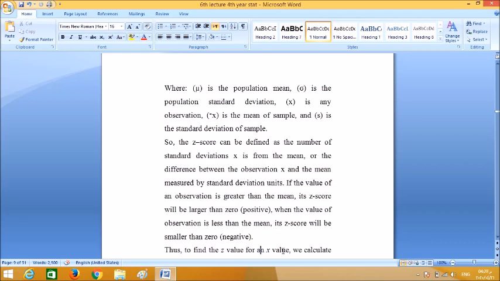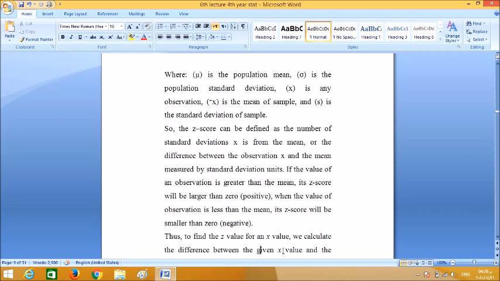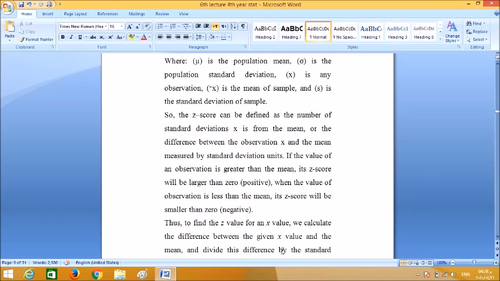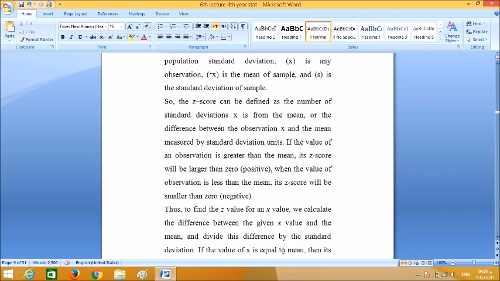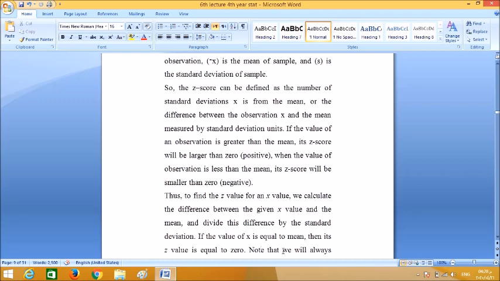Thus, to find the z value of an x value, we calculate the difference between the given x value and the mean, and divide the difference by the standard deviation. If the value of x is equal to the mean, then x minus mu or x minus x bar equals 0, so z equals 0.